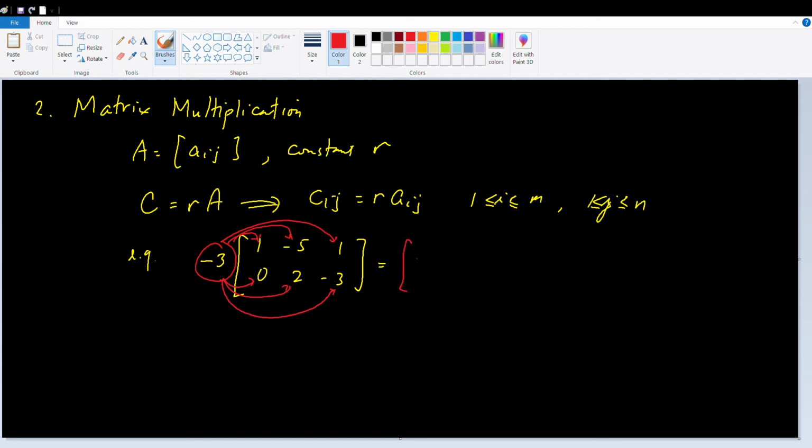So the resulting matrix will be negative 3, positive 15, negative 3, 0, negative 6, and positive 9. Then we also have the matrix transpose.